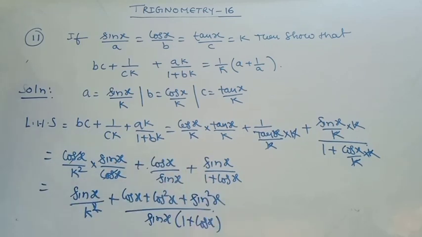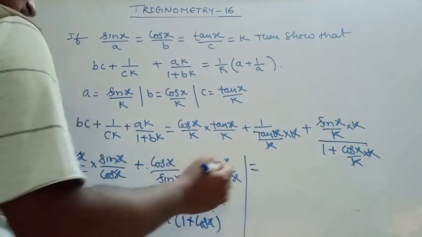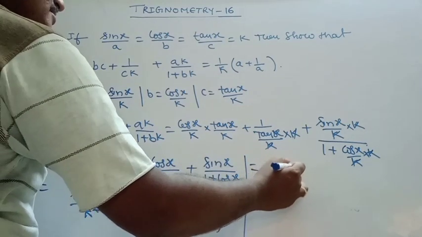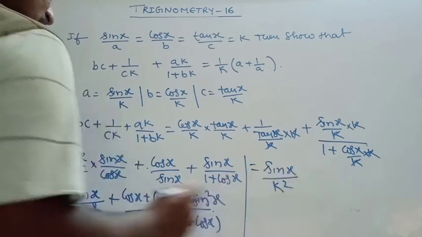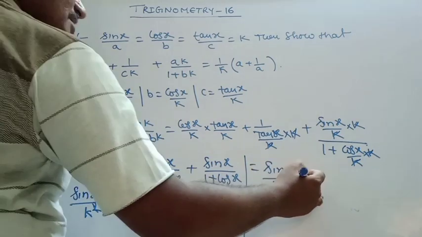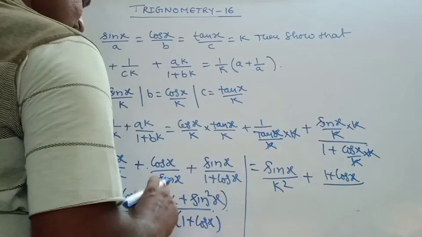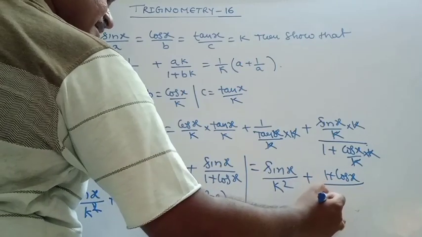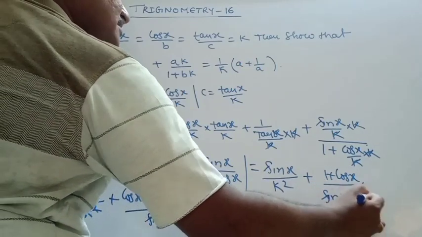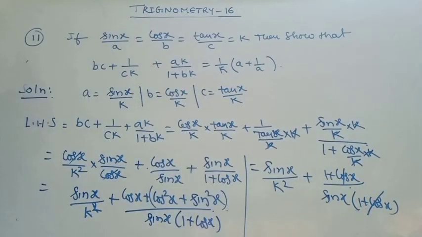Now you see, my dear students, sin x by k square, and cos square x plus sin square x becomes 1. Therefore this is now plus 1 plus cos x by sin x into 1 plus cos x. Wonderful. This will cancel now, right?